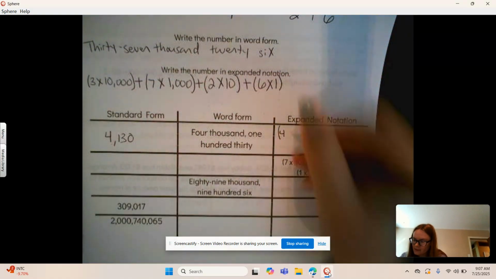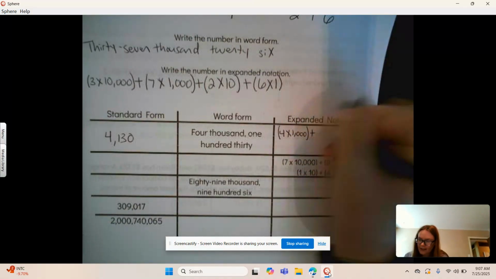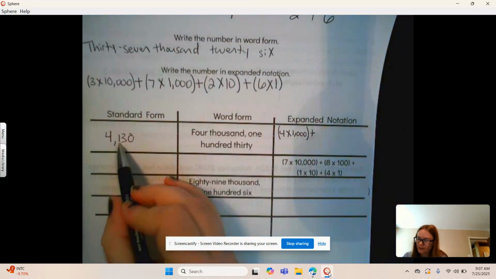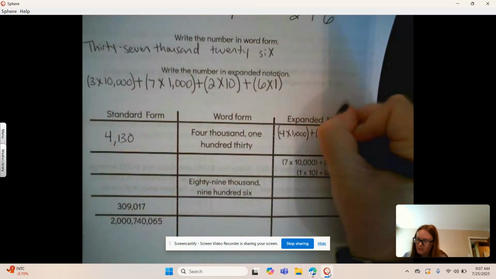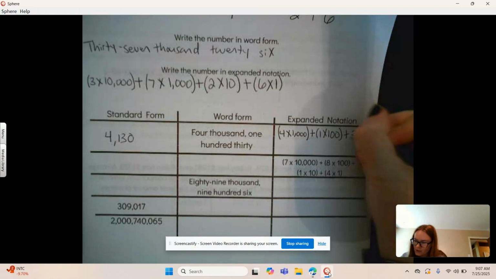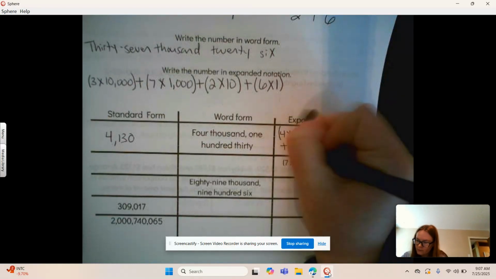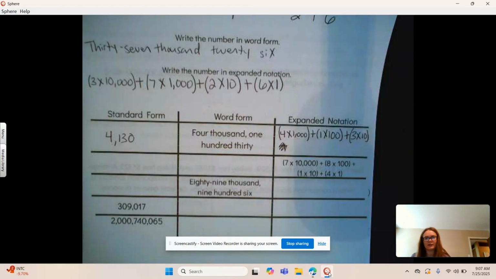That's in the thousands. Then we add our next digit, 1, times its place value, which is the hundreds place. Add our next digit times its place value, which is the tens place. And then finally, we have no ones, so we don't need to do that one.